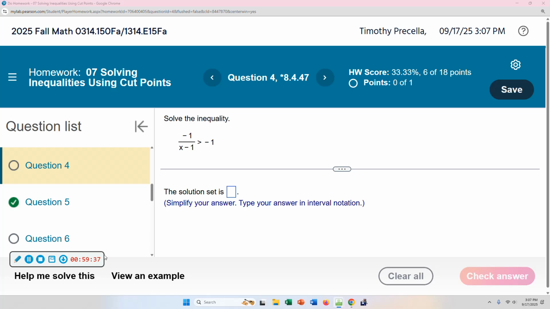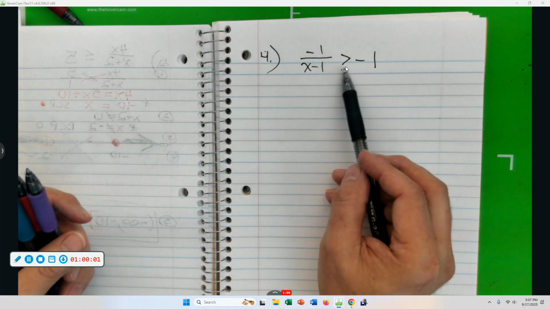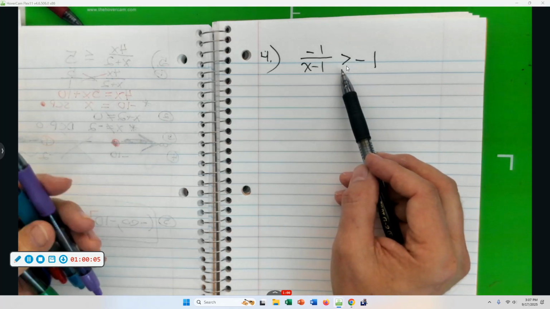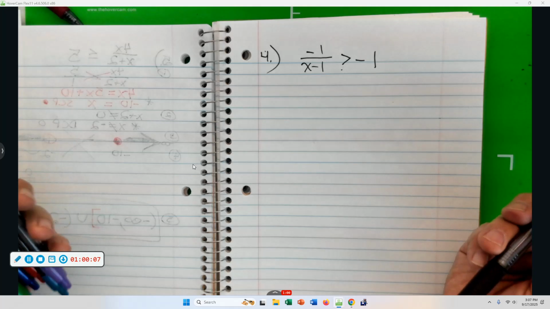Will your number line have any closed circles? Will you have closed circles on your number line? I heard yes and I heard no. No, because in order to have closed circles, what sort of inequality do you have to have? Underneath that, you have to have a line there for equality. Since there's no equality bar, there's not going to be any closed circles. Okay?